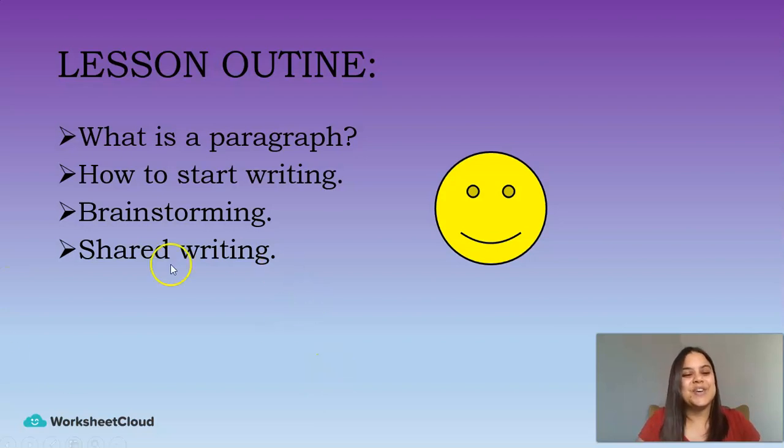So we look at the fact that we have to do it together, step by step, so that we all can learn. And even though I can't see what you're doing, I can try and anticipate it. Okay. But remember, we are not looking at who's right and who's wrong right now. We are just trying to do it together so that we get a better understanding of what a paragraph is and how to write one.